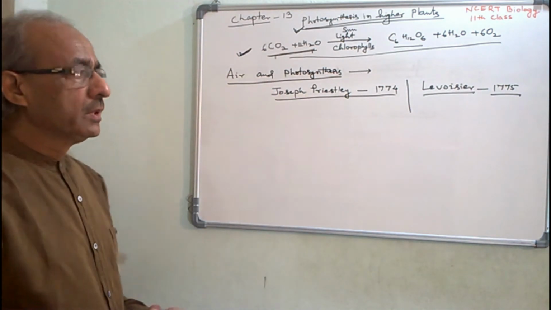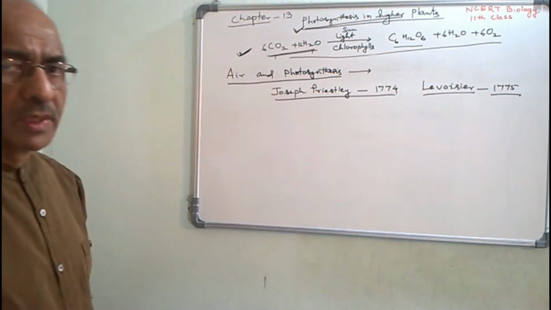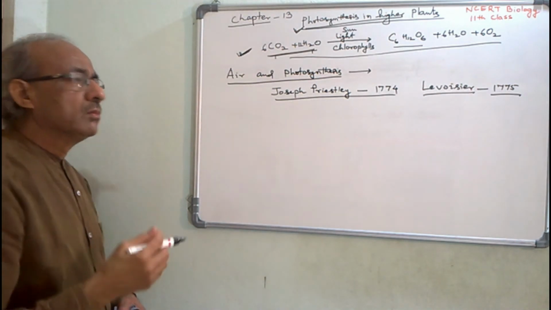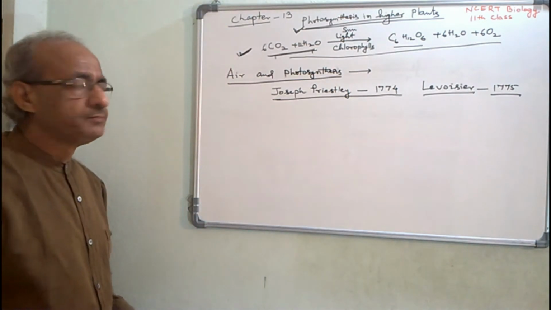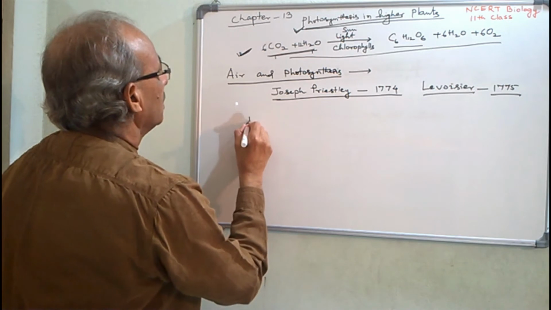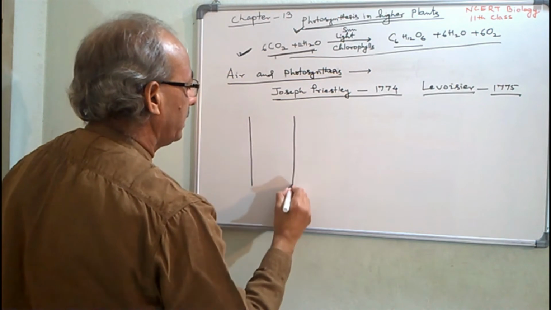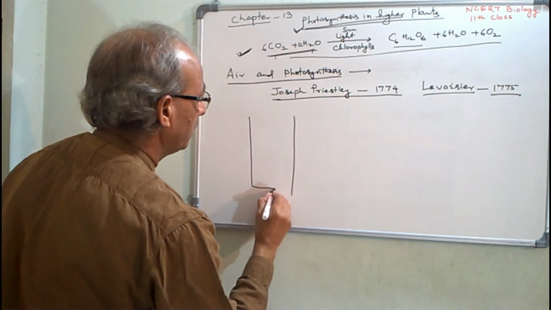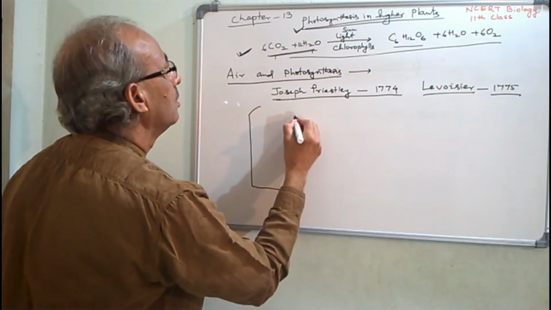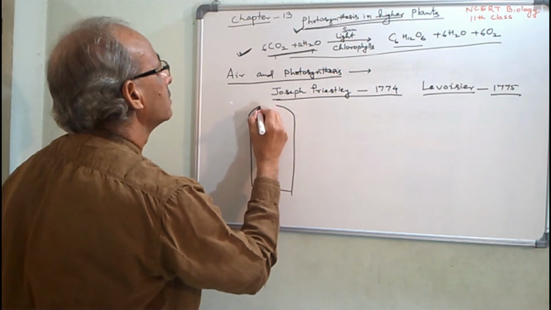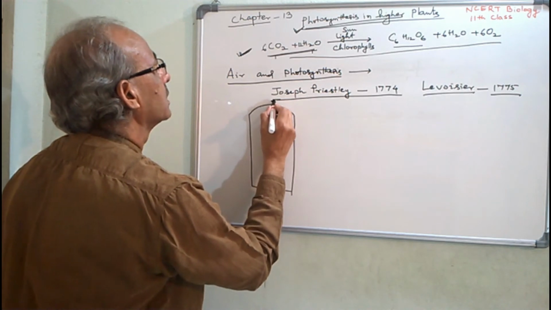Now we will discuss what type of experiment Joseph Priestley did for discovering oxygen gas. He did a number of experiments by taking a bell jar. Bell jar is made up of glass. His experiment is called the bell jar experiment.